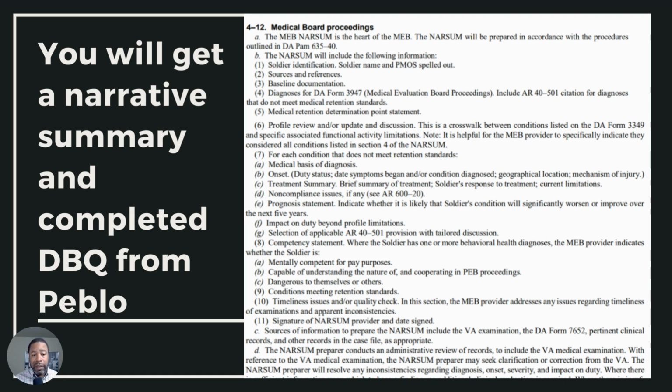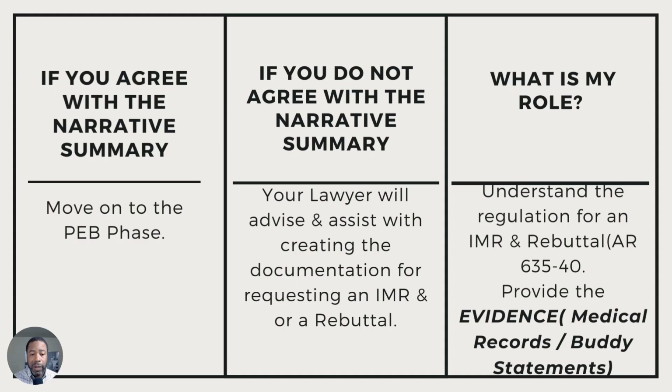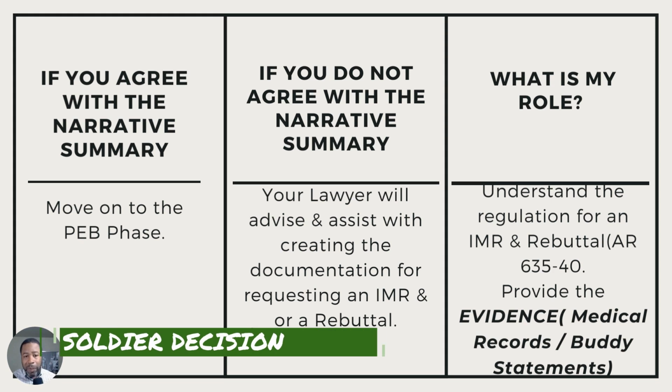Okay. So in 635-40, it talks about all of the aspects of the NARSM. So another way that you can get a view of what it's going to look like, take a look at 635-40.